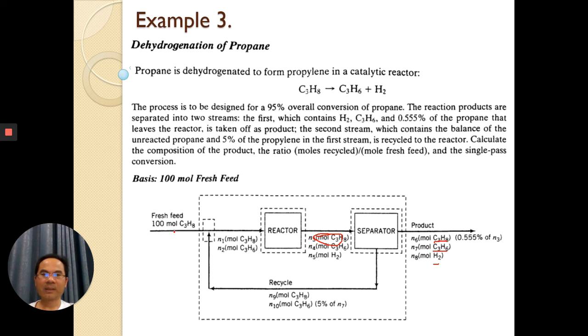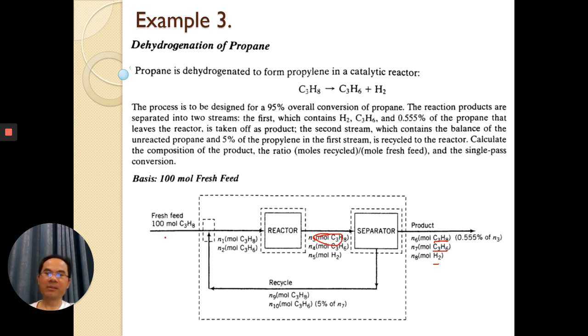For this case, you make a basis of 100 mole of fresh feed propane. You don't know the flow rate or the composition, so we assume 100 mole fresh feed and calculate based on that.